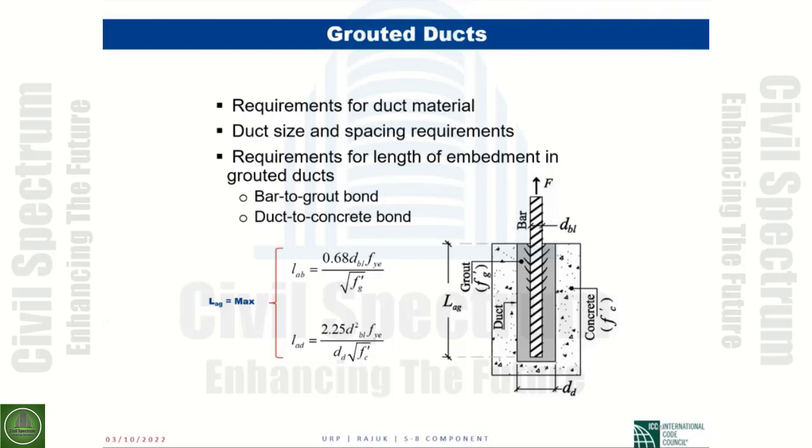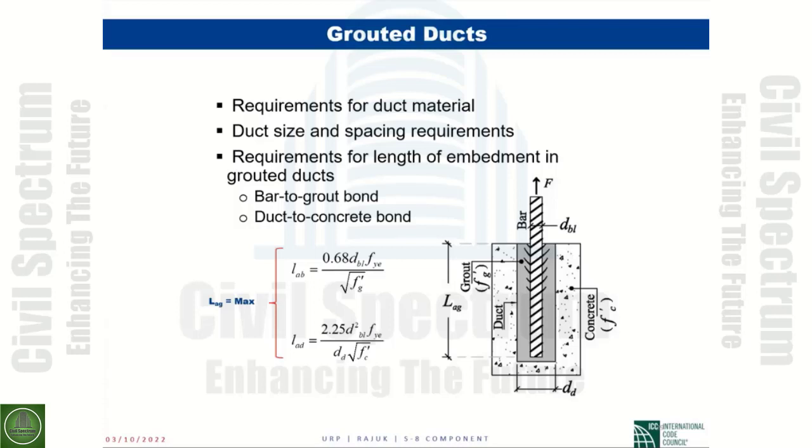This can be just high strength grout that you can commonly use in concrete structures. So we again spell out what the duct material should be, how thick it should be, how much bigger than the reinforcing bar diameter it should be, and what the requirements are for the duct size and the spacing of these ducts, because if they're too close to each other, they lose their effectiveness. Also, we have specific equations that talk about the anchorage.